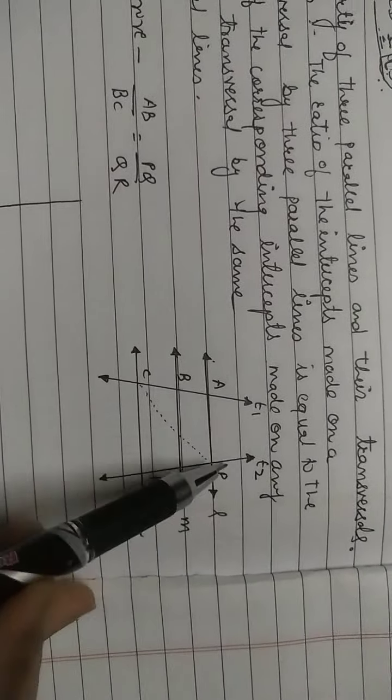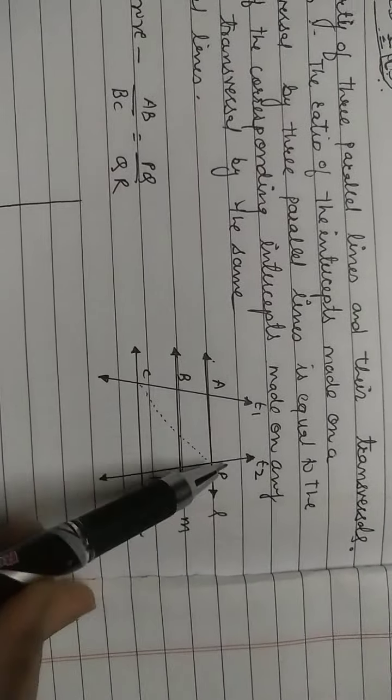At the same time, this again forms a triangle, that is PRC. So I can write here, in triangle PCR, DQ is parallel to CR.